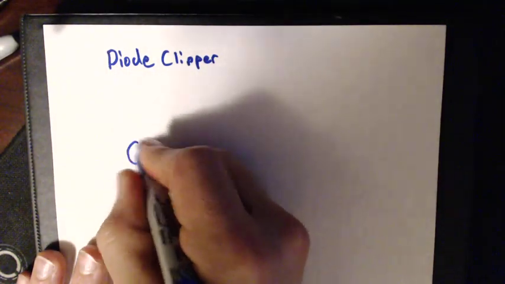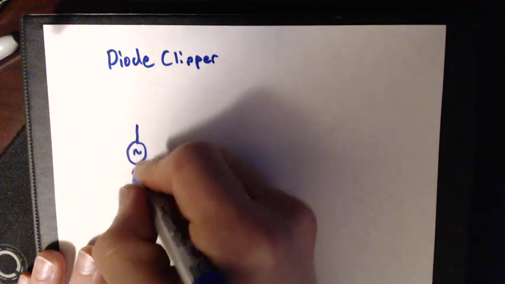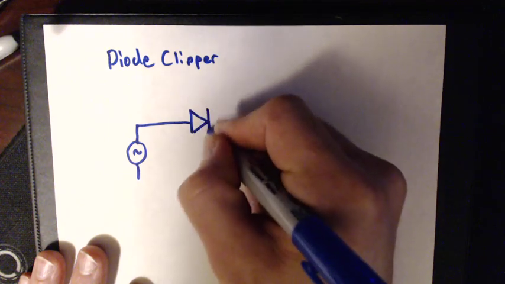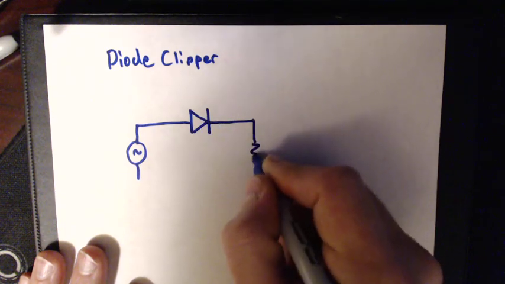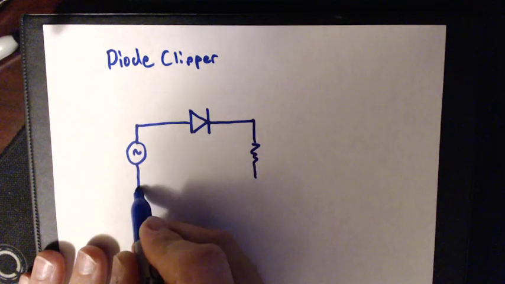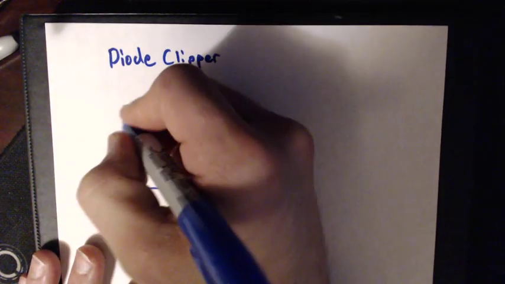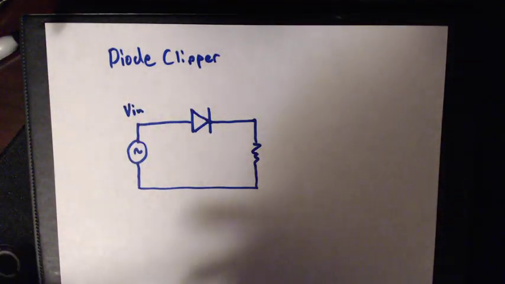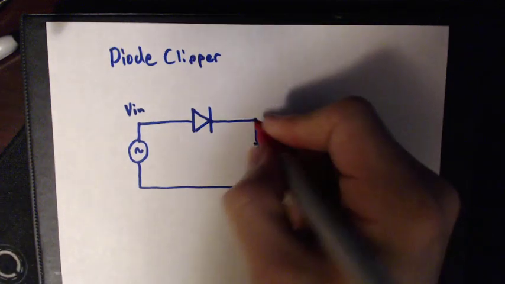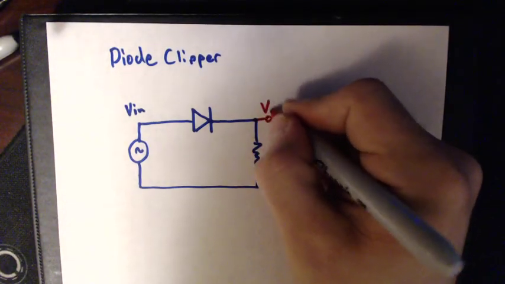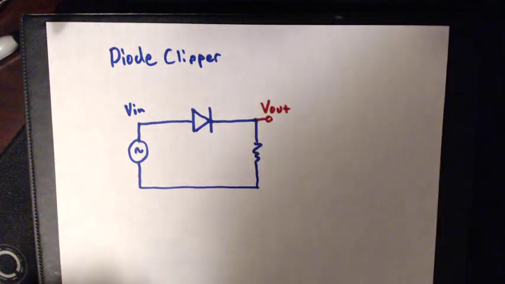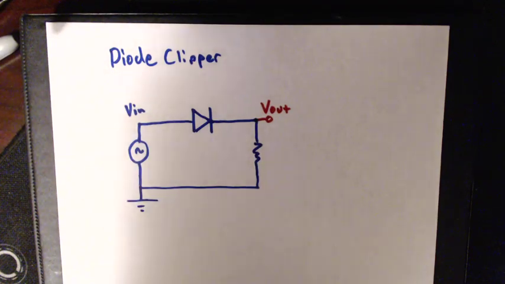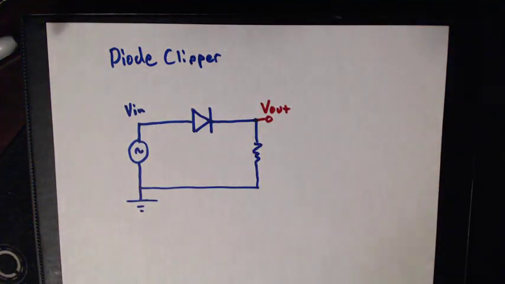We're going to give ourselves an AC voltage, a diode, and a resistor. And we're going to be looking at Vin and we're going to be looking at Vout. Now, when you measure a voltage, you always have to measure it with respect to something.